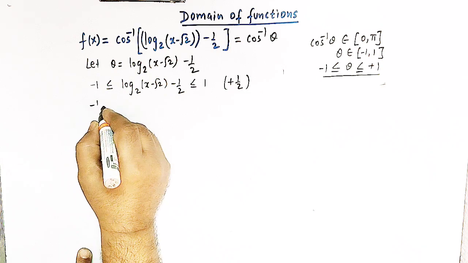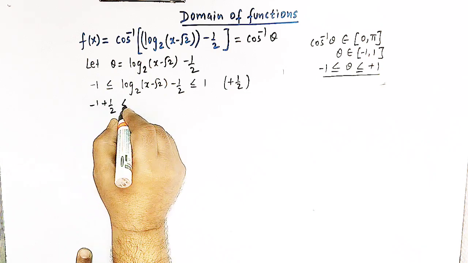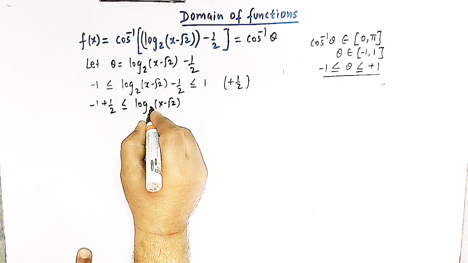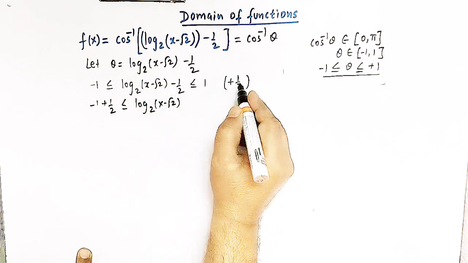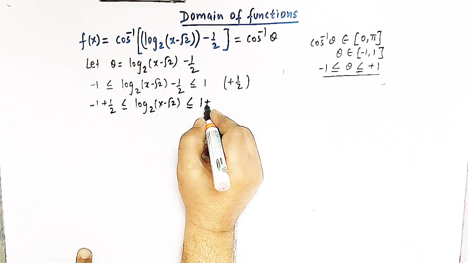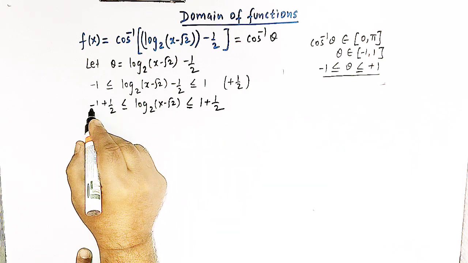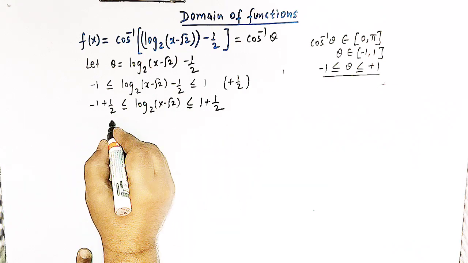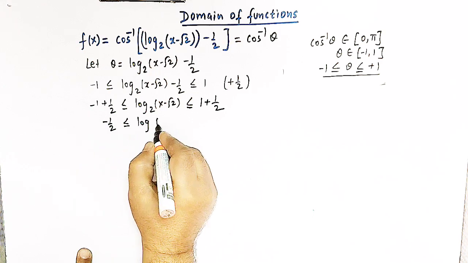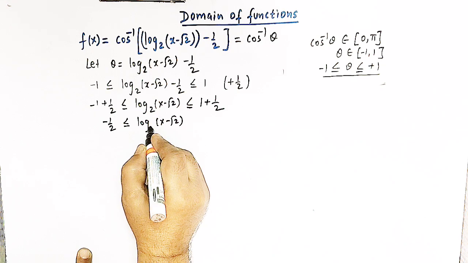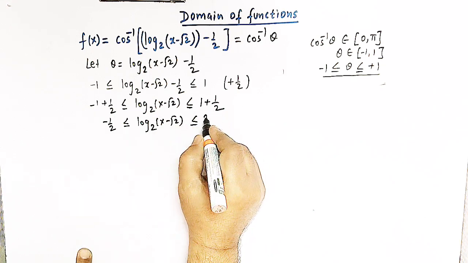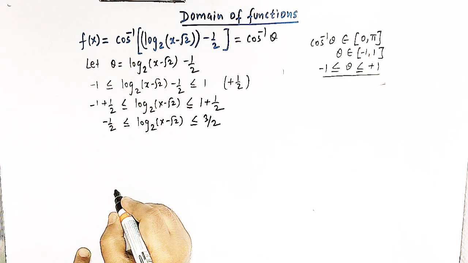So we have minus 1 plus half, log of x minus root 2 to the base 2, and minus half and half get cancelled, and here we have 1 plus half. So minus 1 plus half is minus half, then log of x minus root 2 to the base 2, and 3 over 2.